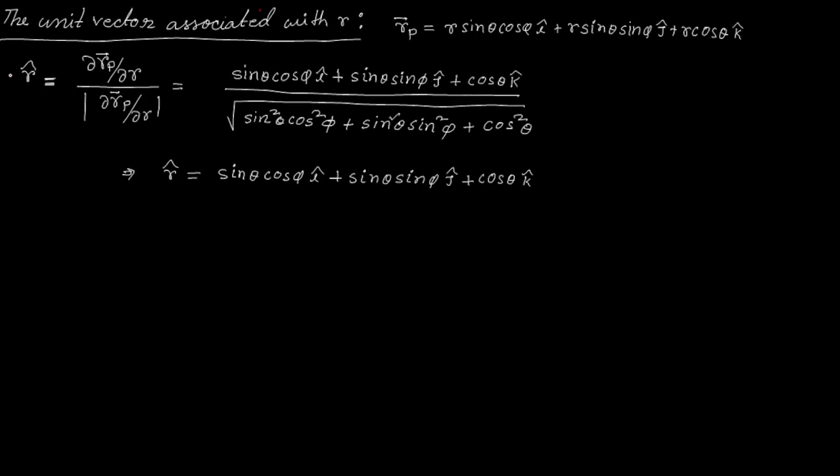So this is the mathematical expression of r cap in spherical polar coordinates. This is a unit vector. The magnitude of this unit vector will be 1, and it will give some direction. What will be the direction? We'll see in the next phase in a figure.